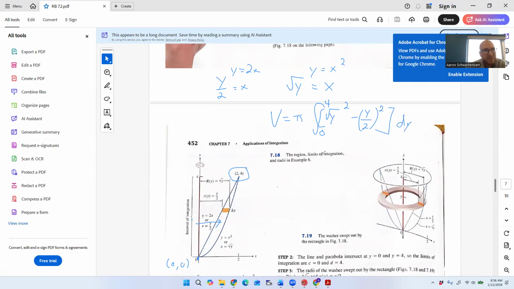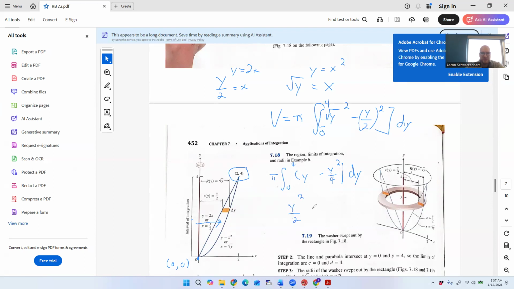This one I'm gonna just do by hand. That's y. This one is y squared over 4. This makes sense so far.